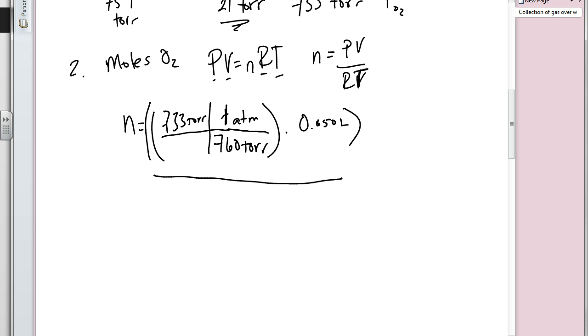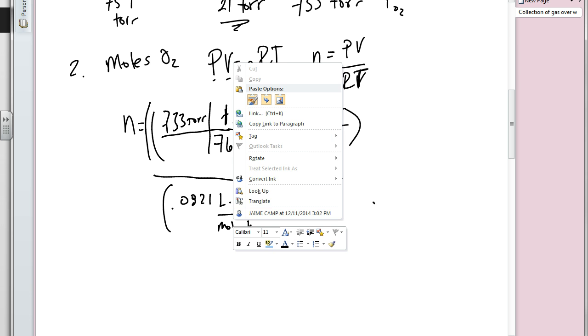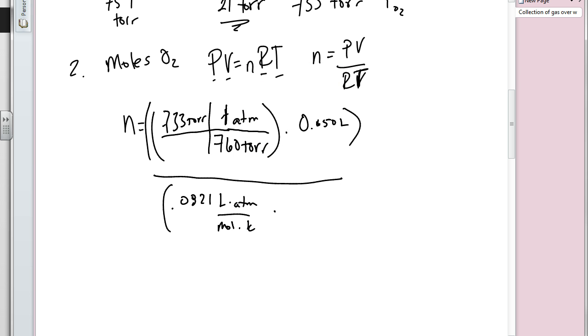And then we're going to divide all that by 0.0821 liters atmosphere per mole Kelvin multiplied by our temperature, and our temperature in this case was 295 Kelvin. I just converted our given temperature in Celsius to Kelvin by adding 273.